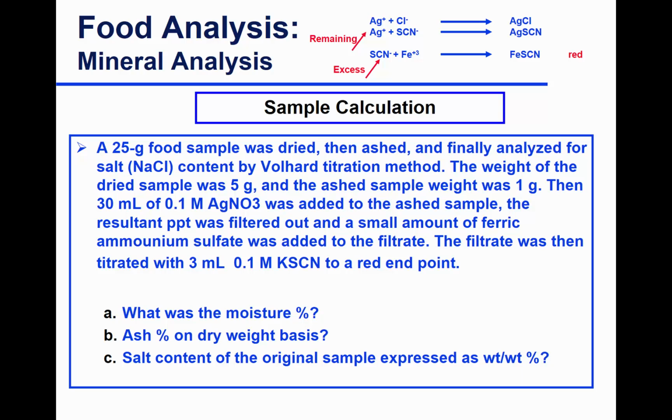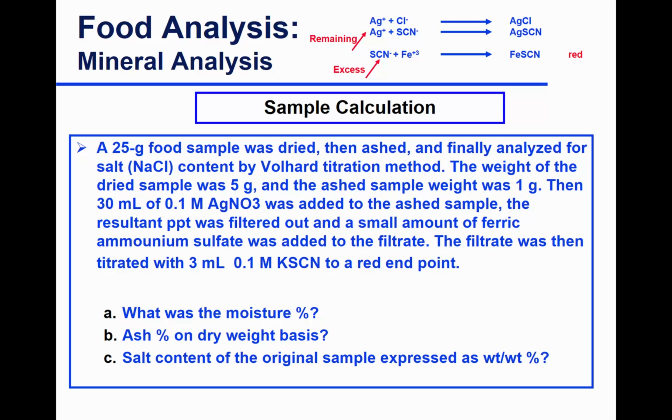The total is this much. The difference would be how much silver reacted with chloride. Because it's a 1-to-1 ratio, the difference would be equal to the moles of chloride ion. And because it's sodium chloride, 1 sodium and 1 chloride, it would be equal to the moles of sodium chloride.